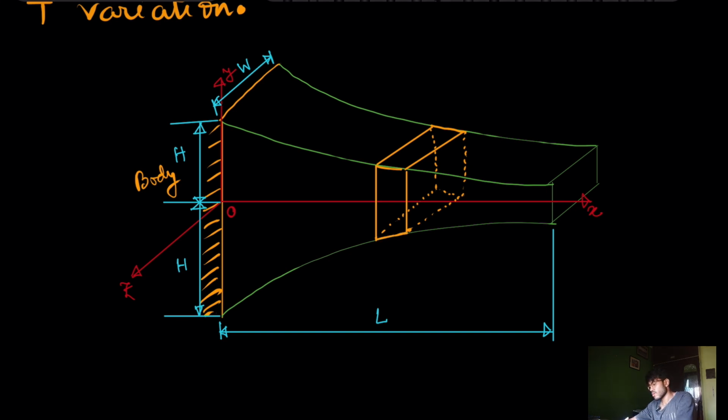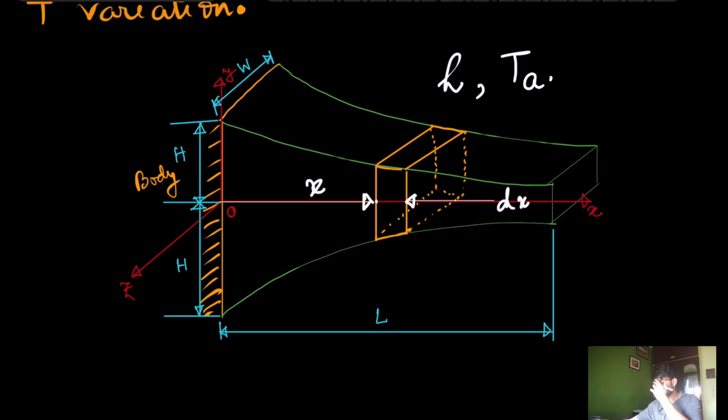Now this is at a distance x, and the thickness is dx, clear? And I have the heat transfer coefficient in the air as h, and the temperature is T ambient, the outside air temperature.